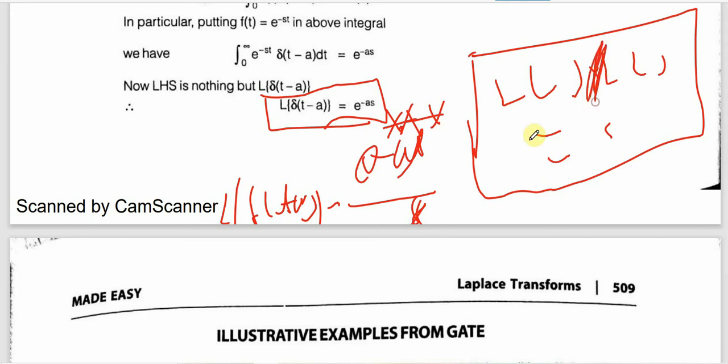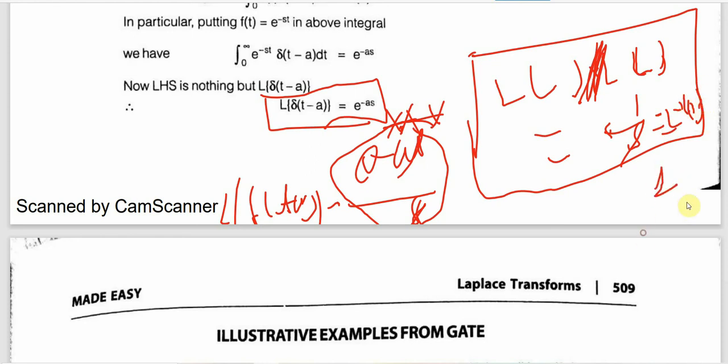Let's divide, because Laplace of unit step function is e to the power minus as upon s, and Laplace of unit impulse is e to the power minus as. If we divide this by this, it will come 1 upon s. Then it will be Laplace inverse of 1 upon s. So this type of question may come: Laplace of unit step function divided by Laplace of unit impulse function will be Laplace inverse of what? So the answer will be 1.